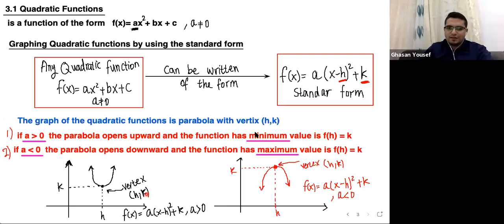I mean, my minimum value is k, the k from the vertex. You see the k, this one? This is my minimum value. If the graph opens downward like this, this point is my maximum value. And the value for this is k, the y coordinate of the vertex.